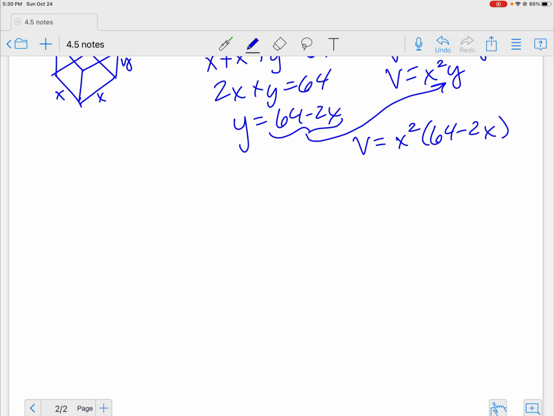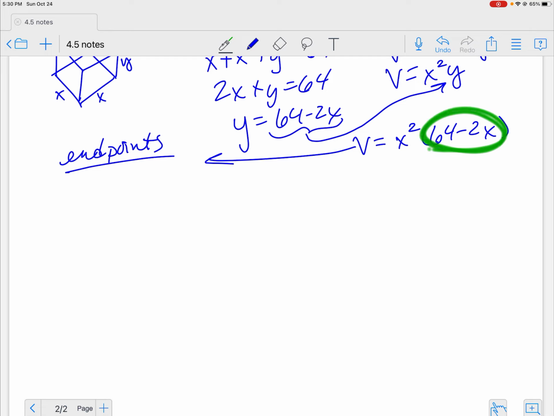And I'm going to figure out my end points, because remember we need the end points. We need to figure out what's the smallest x coordinate and the biggest x coordinate that I could possibly have. So let's set this equal to 0. I'm going to go ahead and factor out an additional 2 from this one just to keep it fully factored.